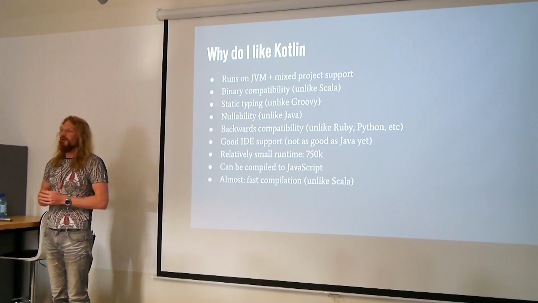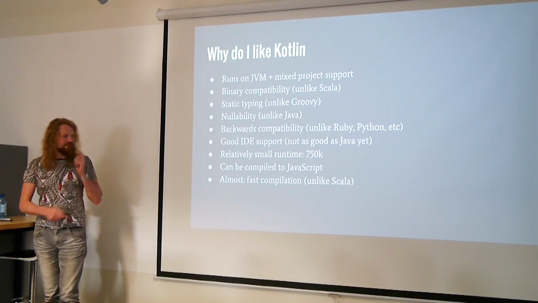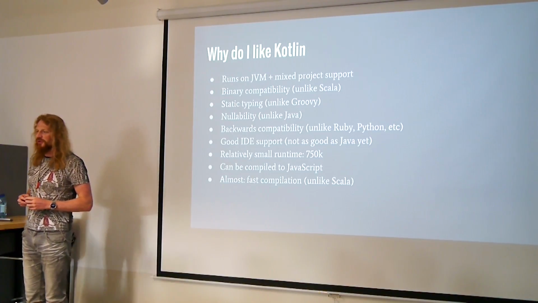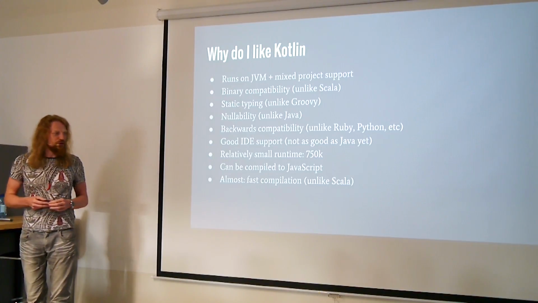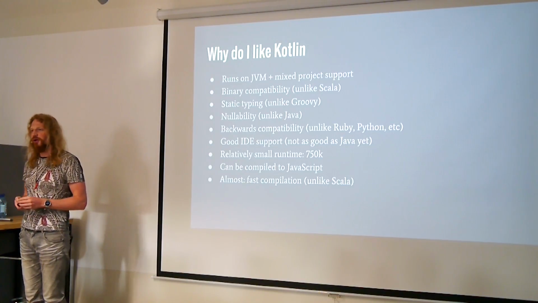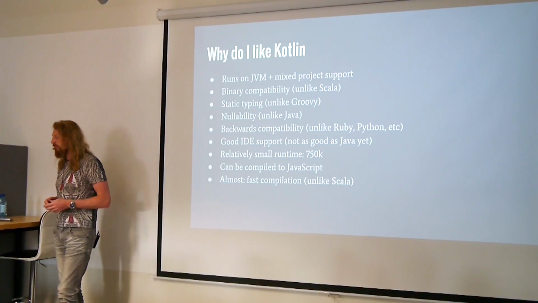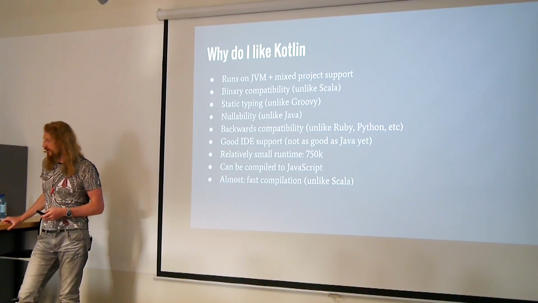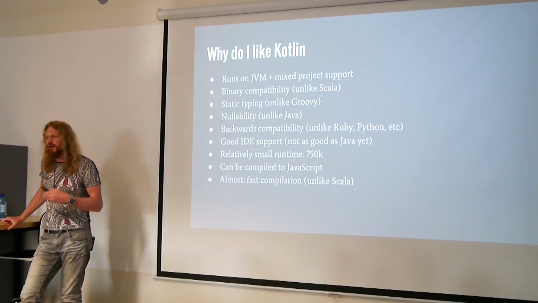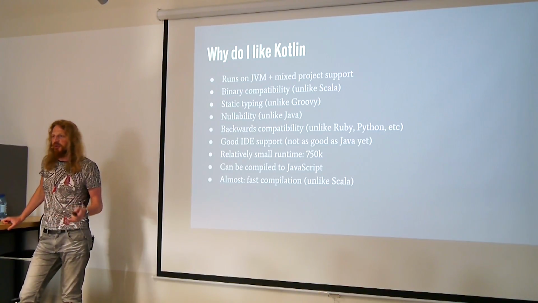Fast compilation. I put "almost" here because it's still slower than Java, but it's surely ahead of Scala. And actually, many of the design decisions of the language were based on the fact that it needs to compile fast.